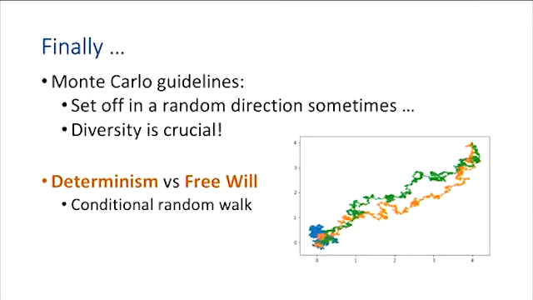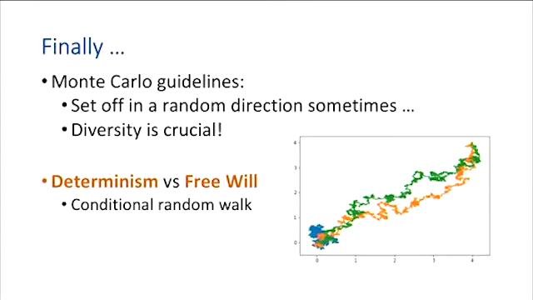All right, and finally, some rules that Monte Carlo provides for real life, and I use them myself quite a lot. So don't always follow the herd. Sometimes set off in a random direction, because you might better explore the space.